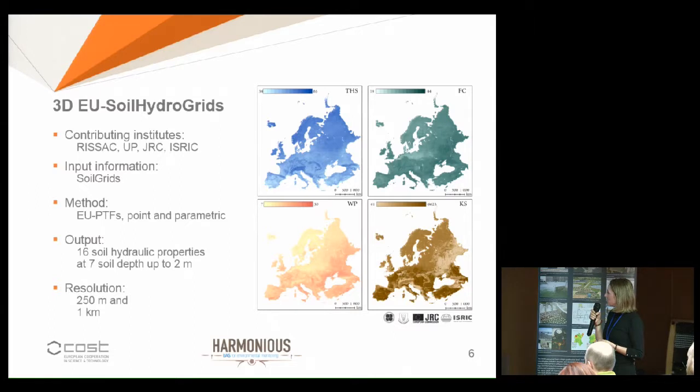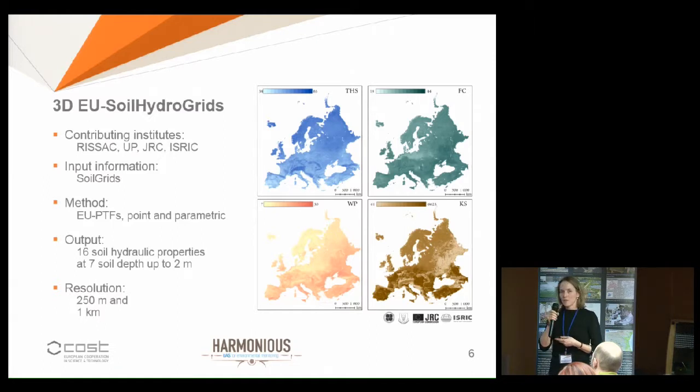And then we used the best performing prediction methods to prepare the soil hydraulic map for Europe in 3D, which means that we predicted the previously mentioned soil hydraulic properties for 7 soil depths down to 2 meters.